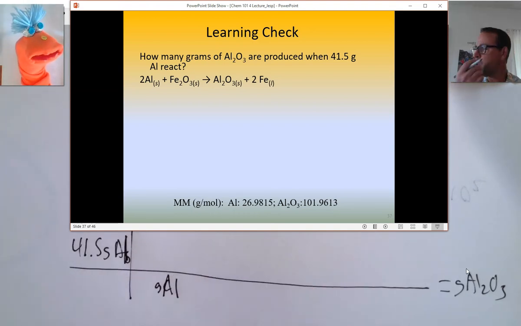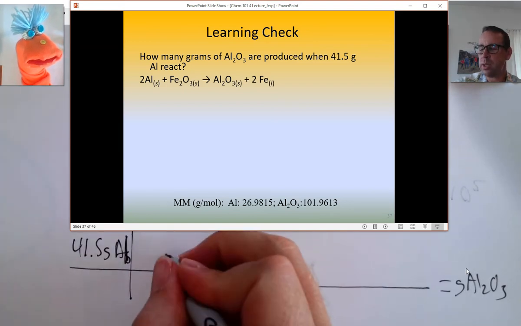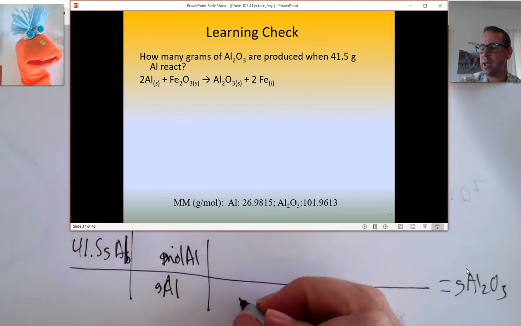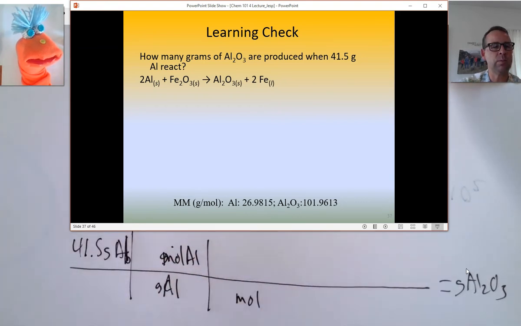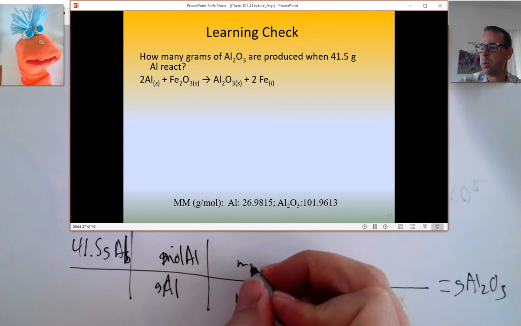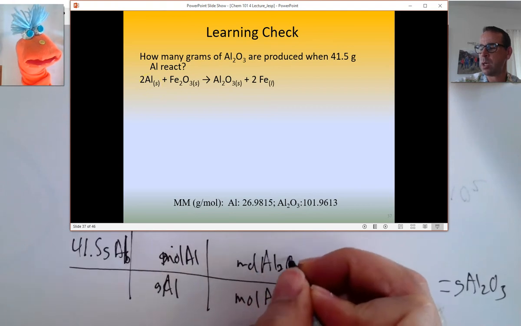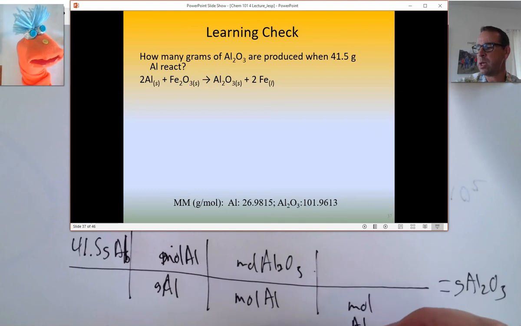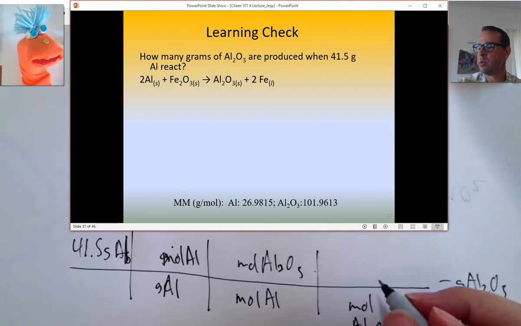Well, you could if you know that relationship, but we want to use the power of the equation, right? So we go to the land of the moles. Moles of aluminum. Then there in the land of the moles, now we can use the stoichiometry, we can see the moles of aluminum and how it relates to the moles of aluminum oxide. And then we can relate moles of aluminum oxide to grams of aluminum oxide.